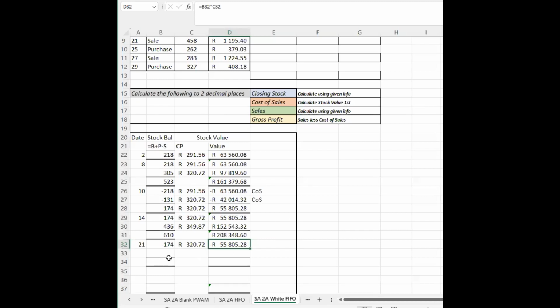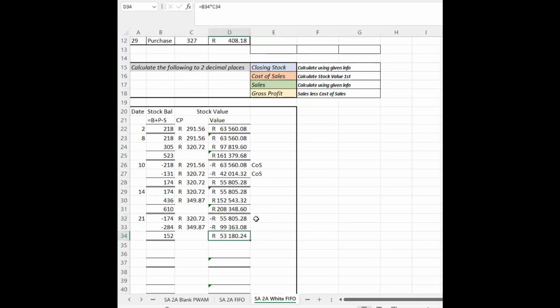Okay. The remainder, which is 284 units, is going to be sold at the cost price of 349 that we calculated there. So we are able to then calculate our stock and our stock value.